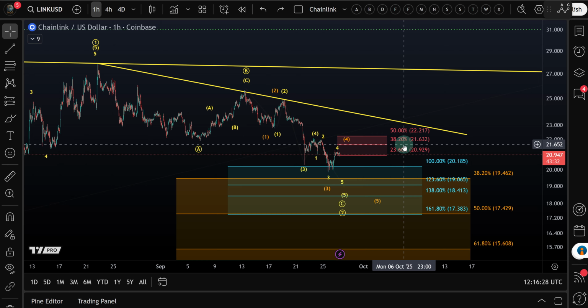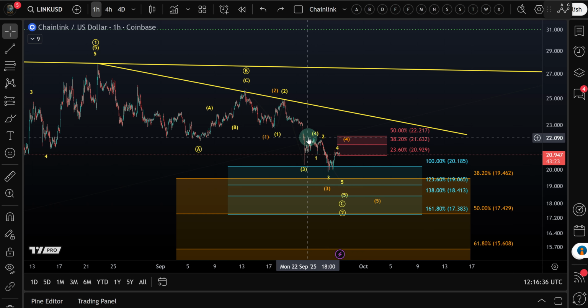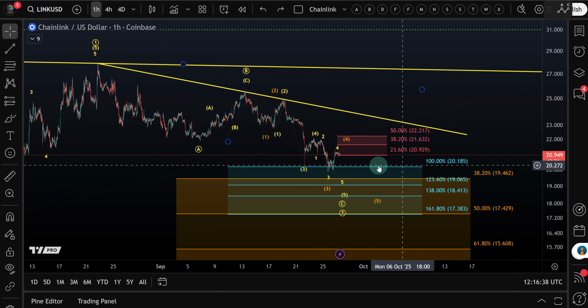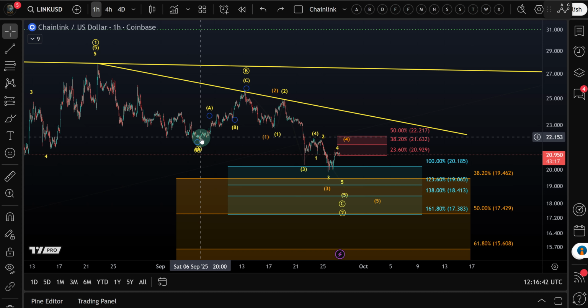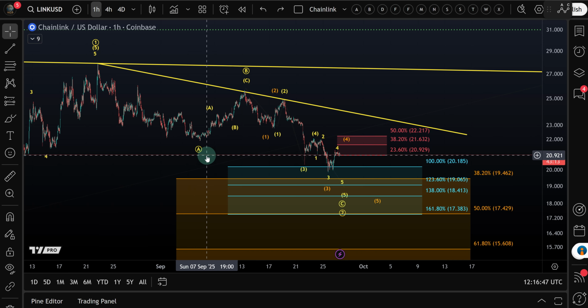Now, what you can track here on the smaller time frame is a C wave down, which reached our target. So in the last few days, weeks, we were watching for the price to get towards $20.20 as 100% extension target of the initial A wave. Now, why is this important? Because the A wave and the C wave tend to have the same or a similar length.